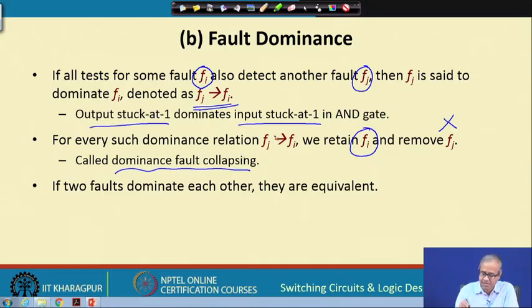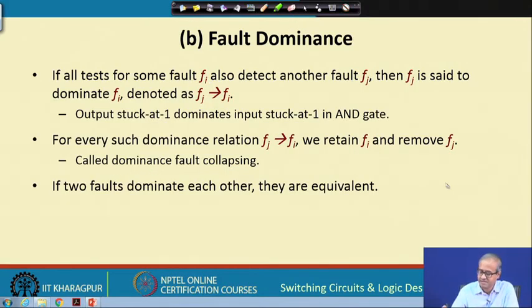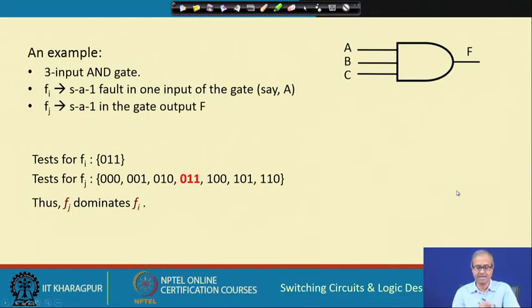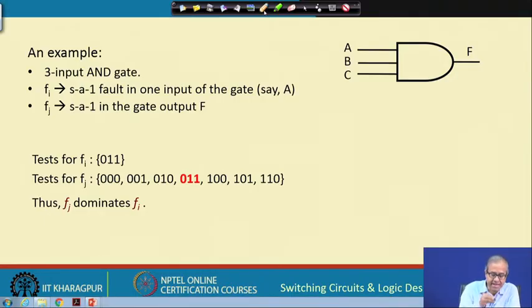Well, this may look a little confusing, let me take an example to explain this, this will be easiest. Consider a 3 input AND gate, okay, and you take the 2 faults F i and F j as follows. F i is a stuck at 1 fault in one of the inputs, let us say A is stuck at 1, this is my F i.